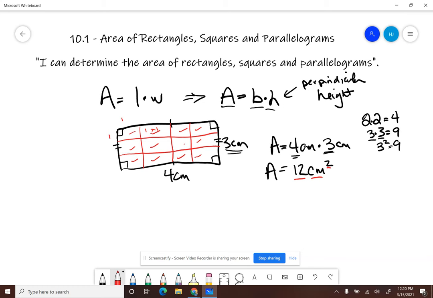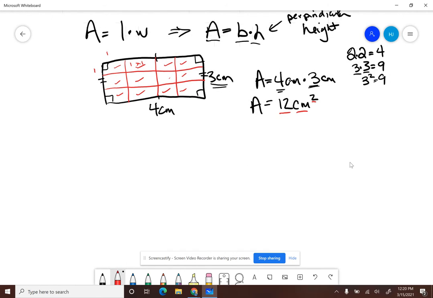So let's work through a few problems here real quick, and I'll give you an idea of what you're going to be seeing on your practice as well. So again, if I have another rectangle, maybe that I've got 6 feet, and here I have 2 feet. Sorry, I made the same congruency mark.